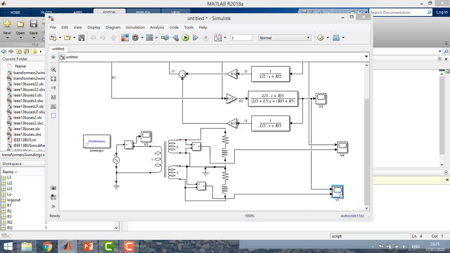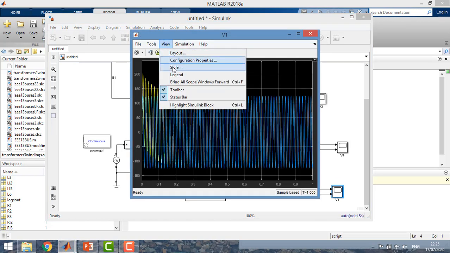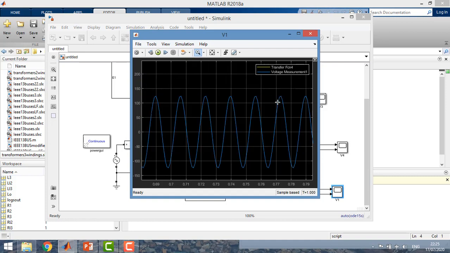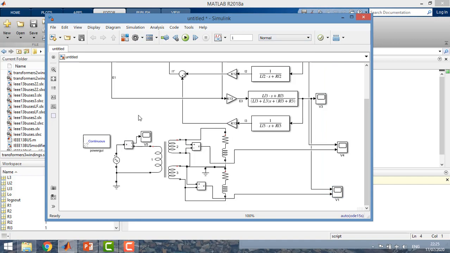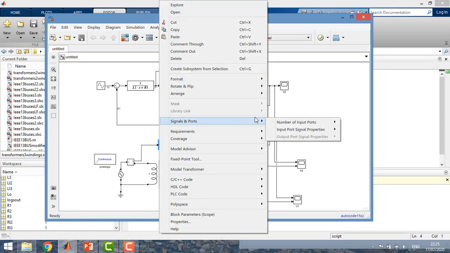For tertiary winding voltages, the situation is also the same. So the two signals are identical. You can check that even for the primary current.